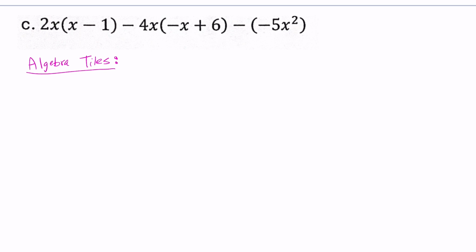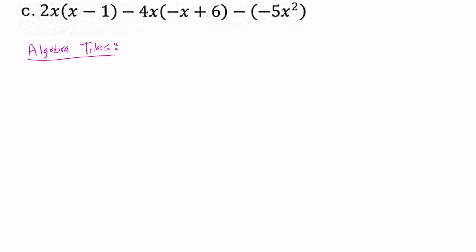So each multiplication group right here is going to be its own little algebra tile grid. So what that means is I'm going to draw a grid here for this first group.